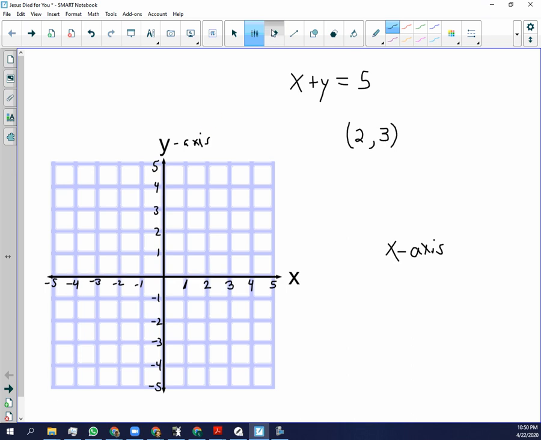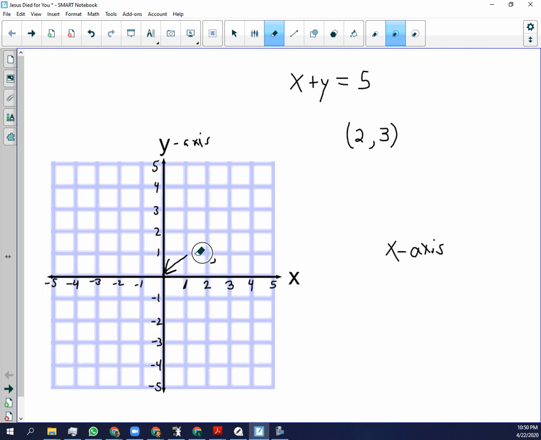There's also a special name for the point where the x-axis intersects the y-axis, and that is called the origin, where things originate. Notice it's called the origin.